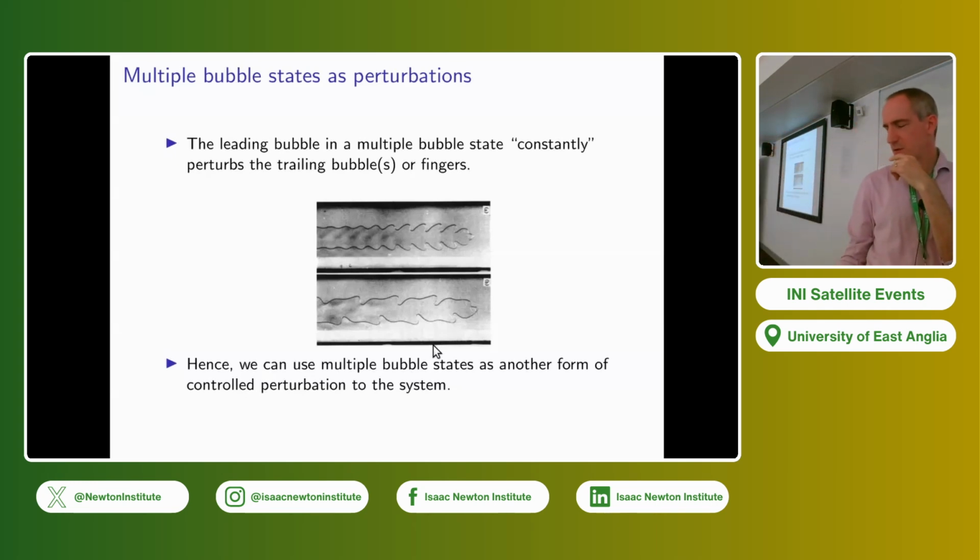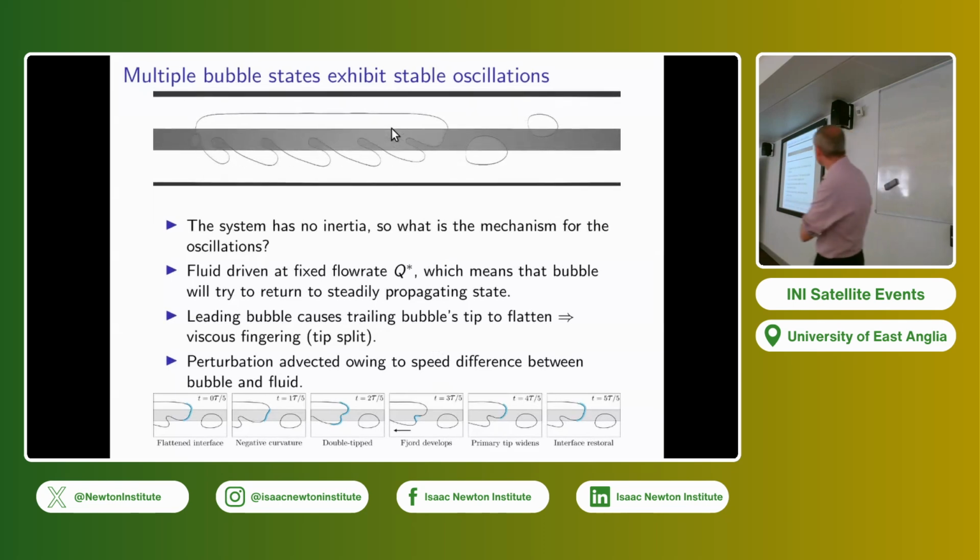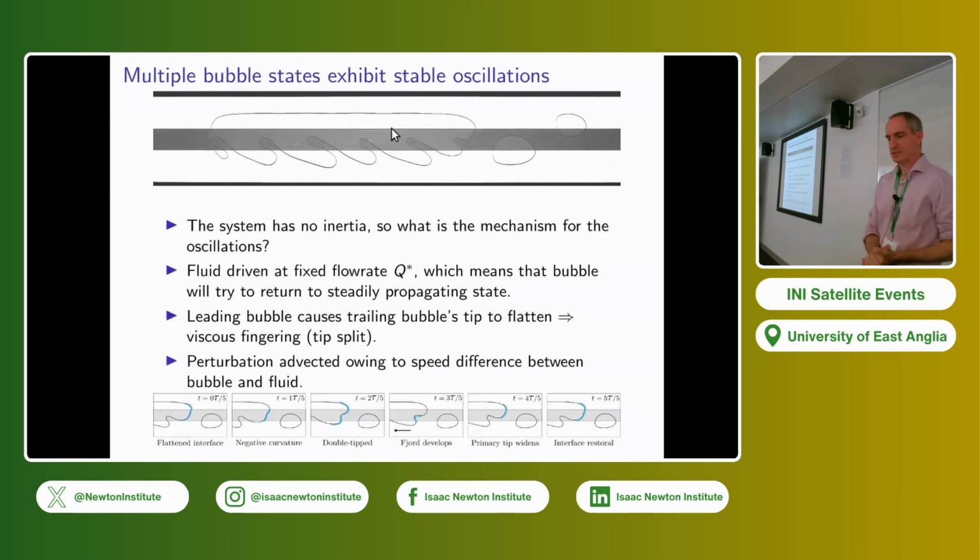And if you have a large enough bubble, then we find out that it can induce stable oscillations. And there's no inertia in this system, which is one of the things people think about when they think about oscillations. So what's the mechanism for these oscillations?